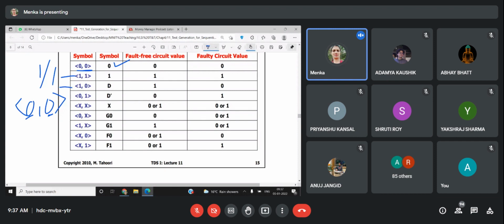Then D, you were expressing in this way, that can be expressed in this way also. So 0, 1, D, D dash, then X, then 0X, 1X, X0 and X1. These four values are extra in this. Apart from the 5 values in the D algorithm, you will have 4 more values, G0, G1, F0, F1.